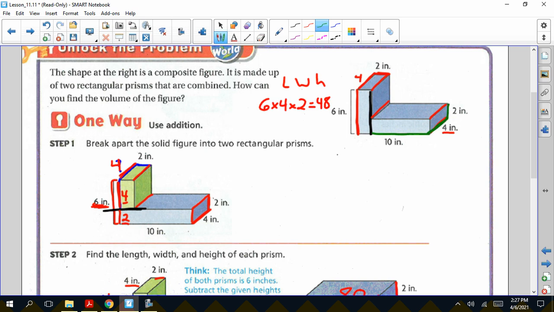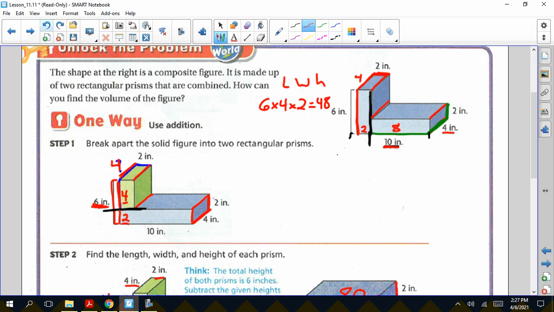The width is 4 and the height is 2, but because we cut this, we cannot use the full 10 inches because 10 inches is from this end to this end. Because this width here is 2 inches, 2 plus 8 would give us our 10 inches. So this side has to be 8 inches long.